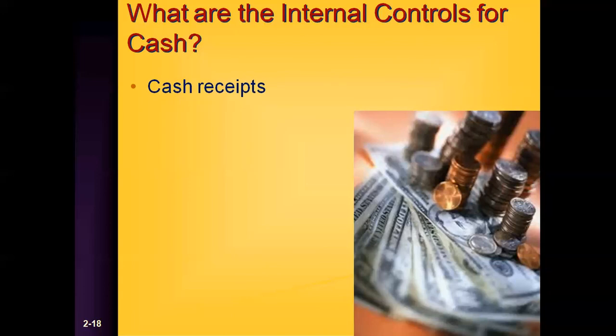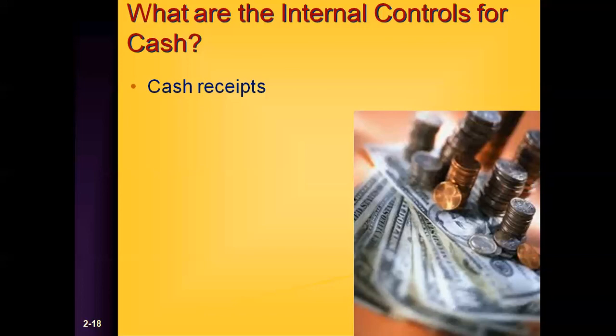If you're taking in cash from the customer, you have to know exactly how much cash is coming in to the penny. If you don't, you have an absolute problem.